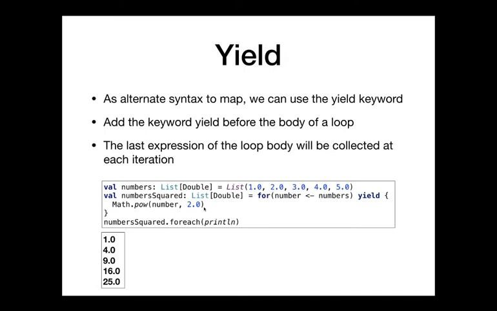So each time the body of this loop executes, the last expression is going to be returned in a sense, and all those return values are going to be added into a brand new data structure. They're going to be collected into that data structure, and that's what's returned from this entire thing. So this entire for yield evaluates down to one data structure with all of those values that each iteration of the loop resolved to.